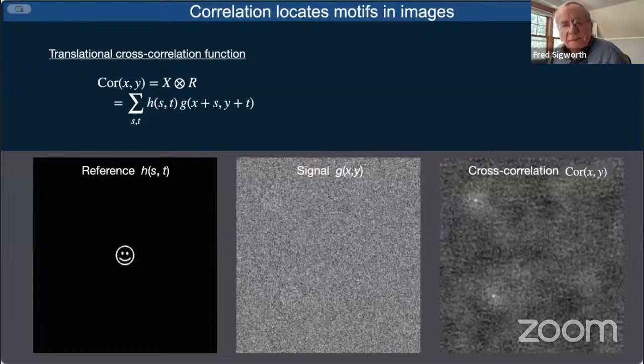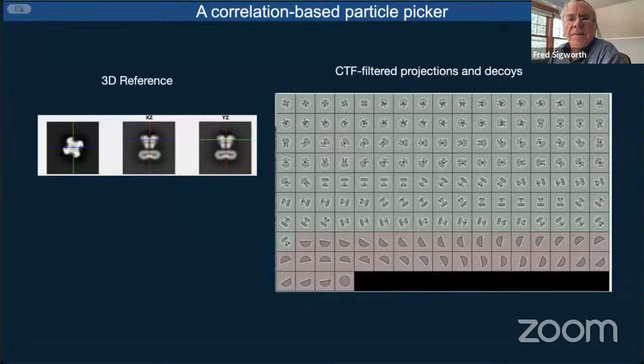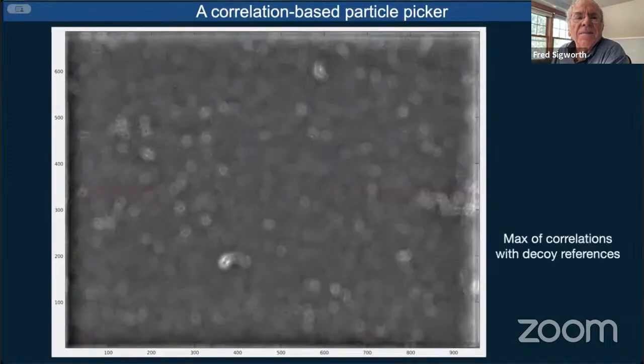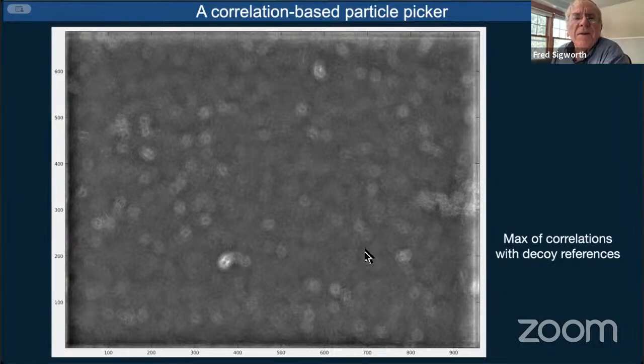So that of course is exploited in particle picking. Here's an example of a particle picker I wrote. We have a whole bunch of projections of a 3D object, and I also made some decoy objects so that it will try to find the objects and try to find the decoys. Here is the maximum of the correlations with the decoy references.